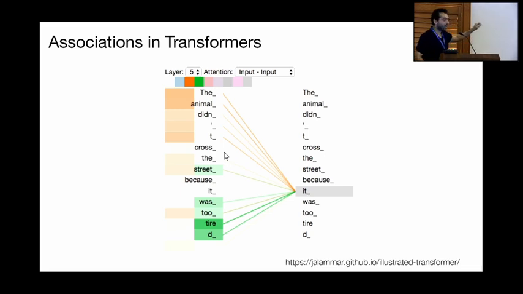If they're processing text, you could imagine they're learning associations between the words in the sentence. In this case, the word "it" would be associated with the animal. The coloring on the left shows how strong the association is. And it's through these associations that you'll be able to predict the next word.